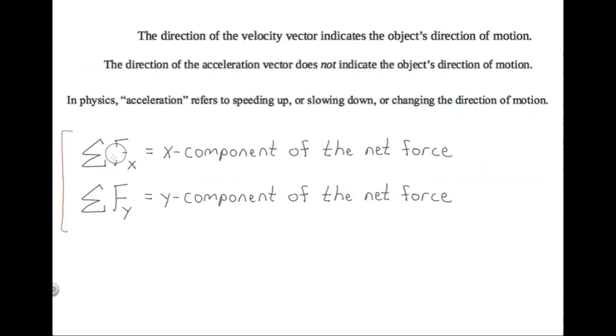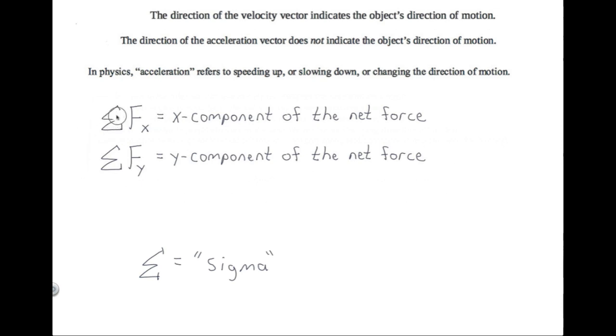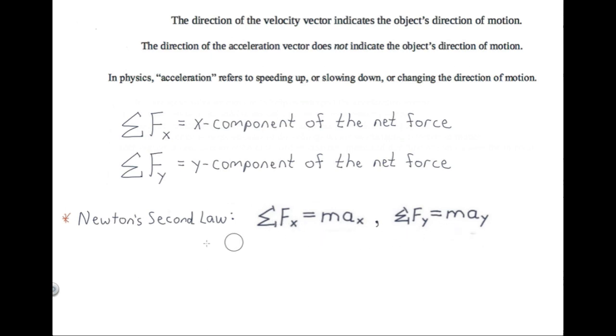This expression stands for the net force in the x component, and this expression stands for the net force in the y component. The sigma symbol means add, so these expressions remind us that the net force is the sum of the individual forces. These equations represent Newton's second law.